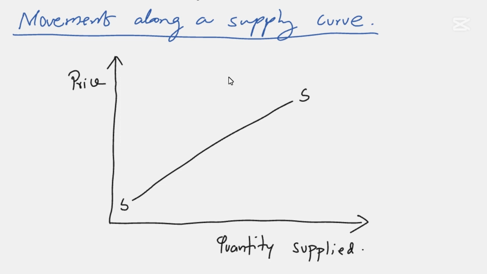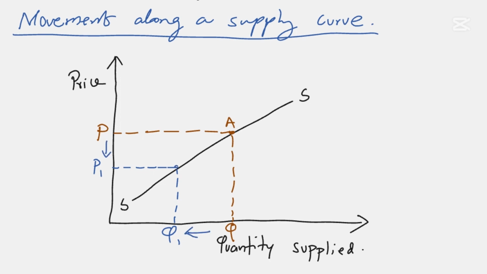Then we have a point on the y-axis to show price P, and quantity Q, which marks a point A on the curve. Then we have another point where we have P1 and Q1, which will happen if we lower the price from P to P1.